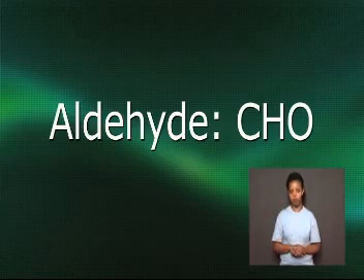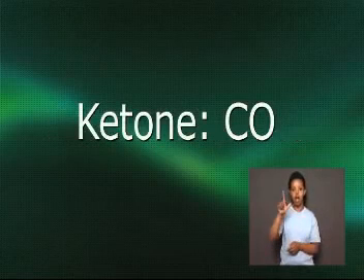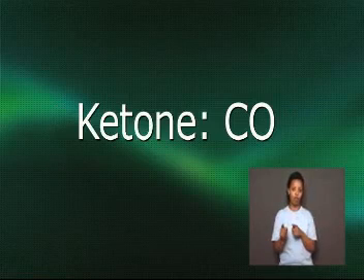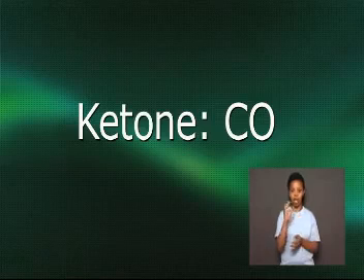The monosaccharides within this group are called aldoses. The second group is called the ketone group. The formula for this group is a double bond between carbon and oxygen atoms. The monosaccharides in this group are called ketoses.